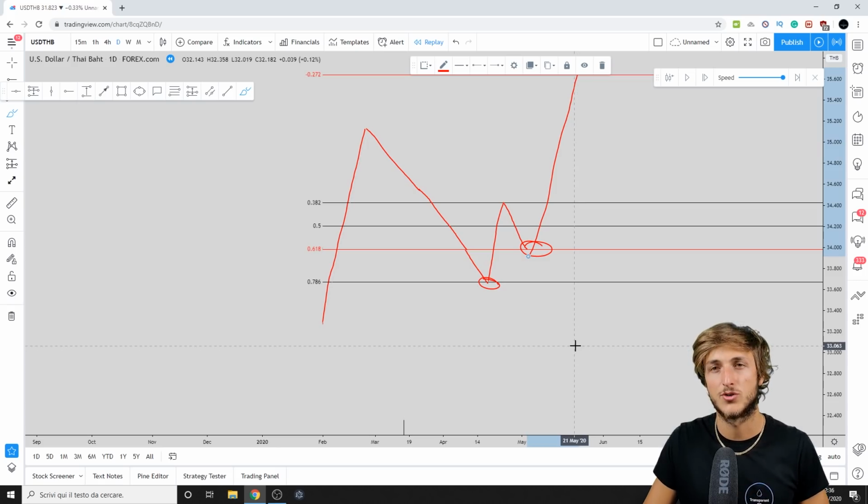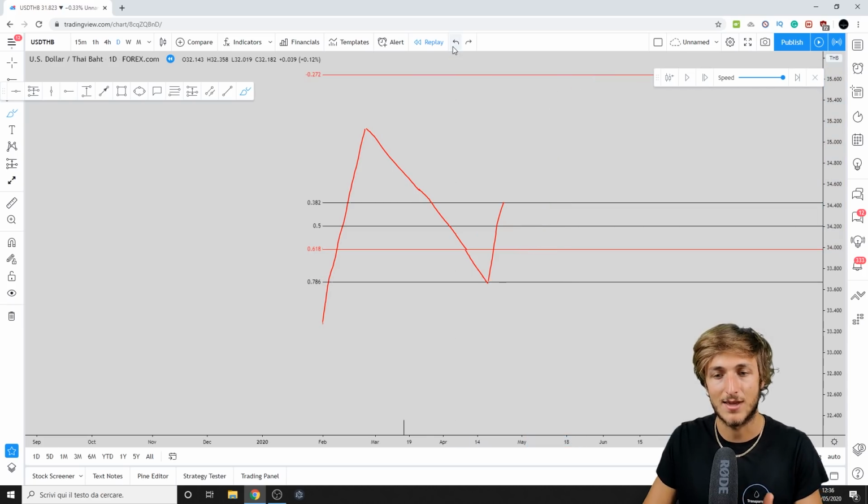Okay, very important to understand this. If a market manages to retrace all the way back down to the 0.786, the market will reject it, then go for a test of the 0.618, and then make the continuation to the upside, creating this W formation. But W formations, I already spoke about them in other videos.